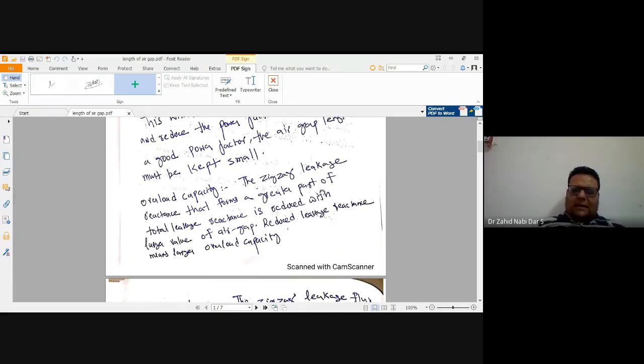Once the leakage reactance gets reduced, your overload capacity increases. So leakage reactance is XL. And the reactive voltage that it needs to consume is I square XL, and the active voltage, that is the loss, would be I square R.